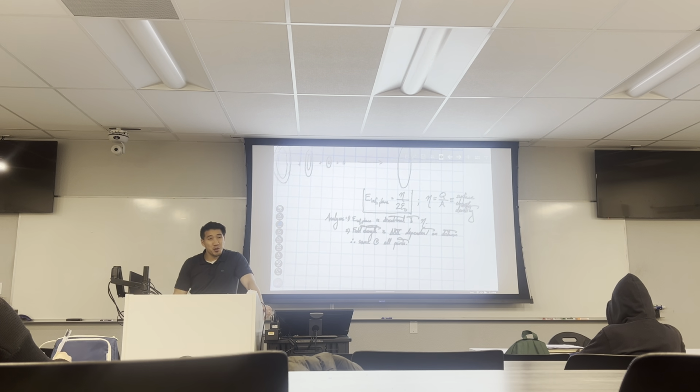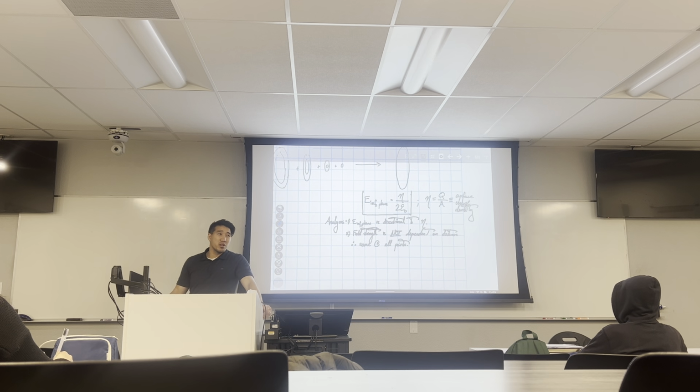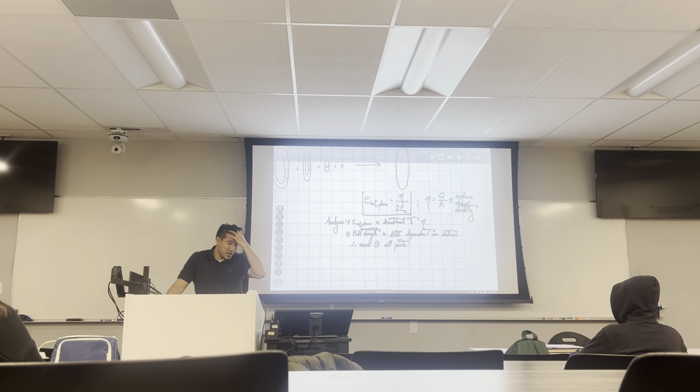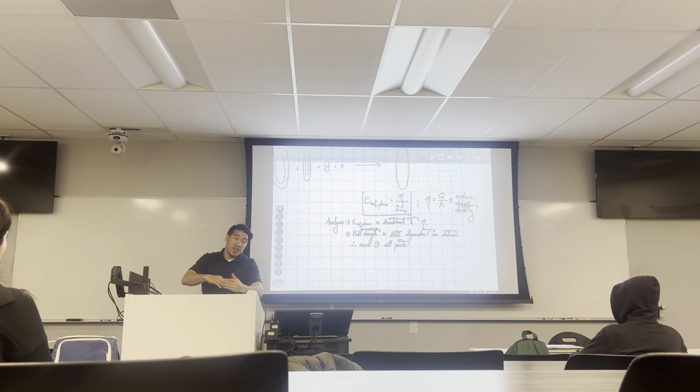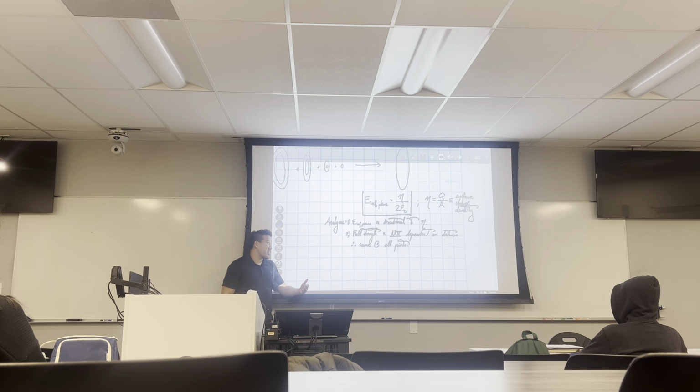Now this should be extremely counterintuitive. For probably the past 2 weeks, I've been trying to harp on you guys this idea that electric interactions occur over a distance. It is a long range effect and it is distance dependent. The further you go out, the weaker it gets.